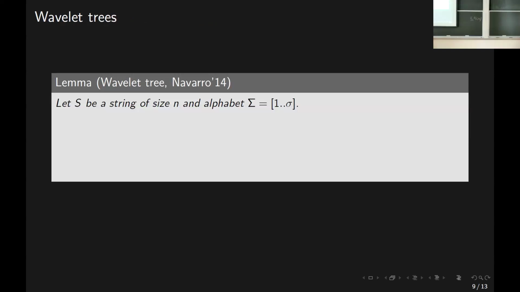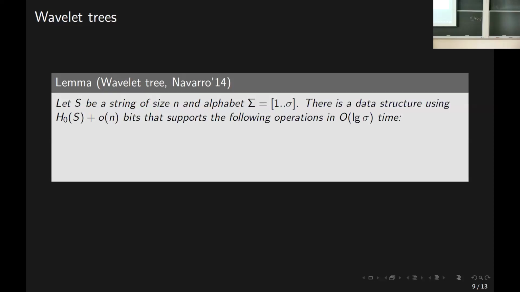Suppose that you have a string S of size n and alphabet size sigma. There's a data structure that uses the empirical entropy of S, the string, plus little o of n bits, and supports a few operations in log sigma time, sigma being the size of the alphabet.